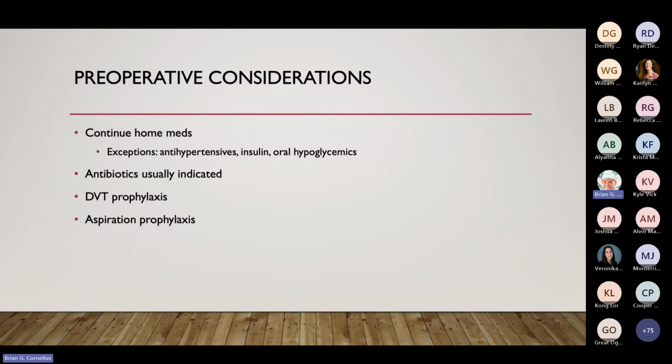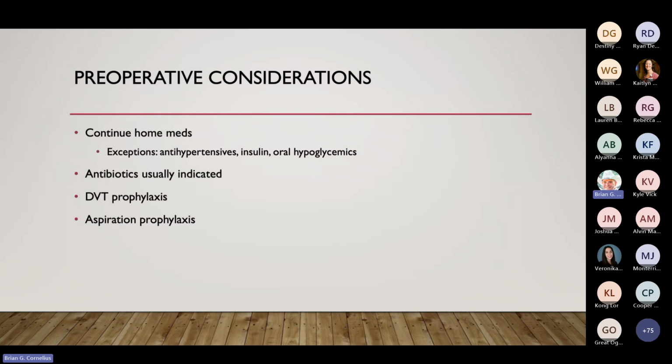Other things to think about, these patients generally have a complex medical history, so many times they're on multiple different home medications. So what are we going to continue? What are we not going to continue? You don't want to disrupt everything if you can help it for a short surgical case. So a lot of times what we'll do is continue everything up to the day of surgery, but there may be exceptions to that.